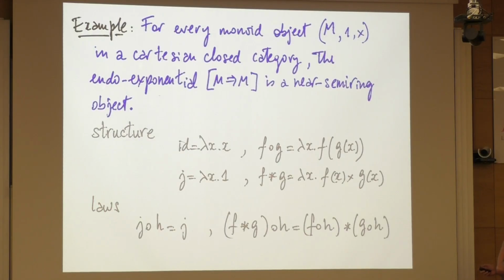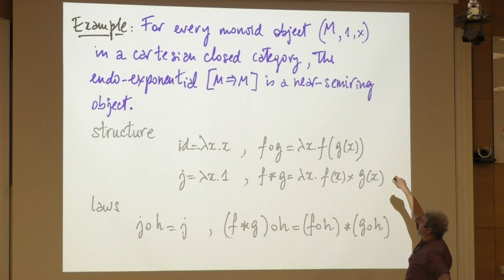Let me now give an example, which I'm going to use later on, of these near semi-ring objects. They appear all over the place as soon as you have exponentiation in your category. So take an arbitrary monoid M in some Cartesian closed category.